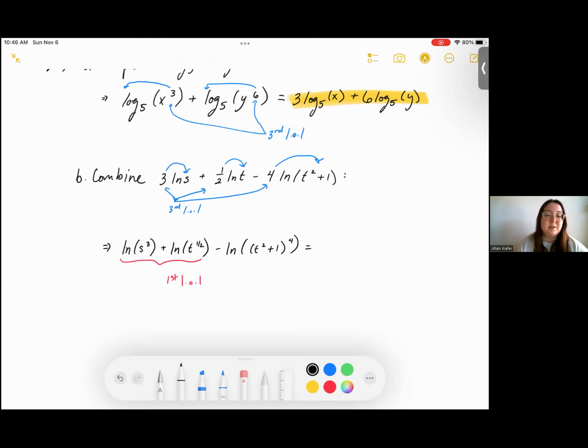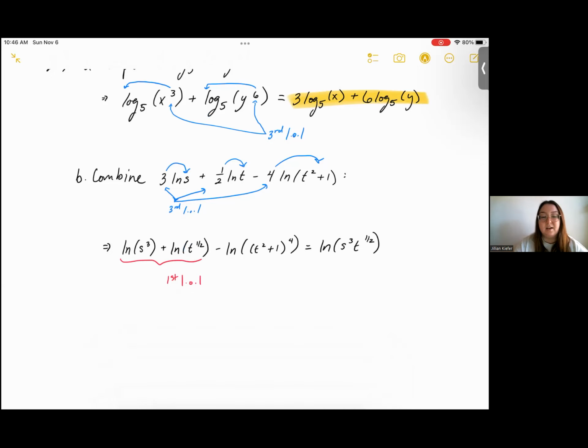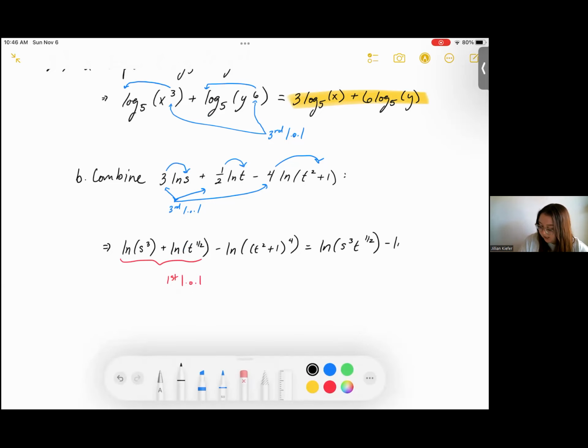When we use our first law of logarithms, we're going to take what's inside the logarithms and multiply them together to get rid of the addition sign. So this will be the natural log of s cubed times t to the power of 1/2. So we combine the first 2 terms, and we still have the last one there. We're still subtracting the natural log of t squared plus 1 to the power of 4.